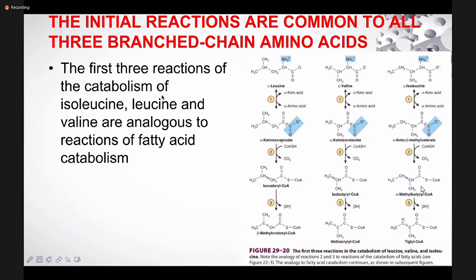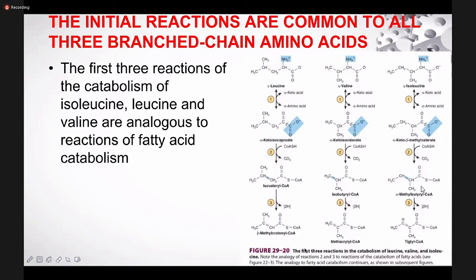So the initial reactions are common to all these three branched-chain amino acids, and their reactions are analogous to reactions of fatty acid catabolism. So here, they are all the same, ending up with the formation of methylpropionyl CoA, methacrylyl CoA, and tiglyl CoA.